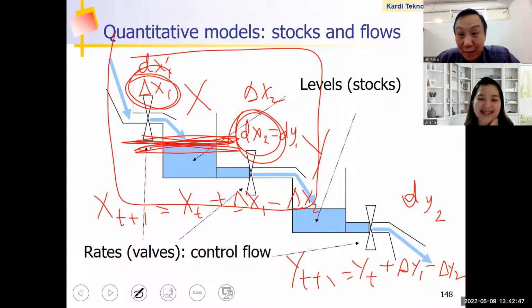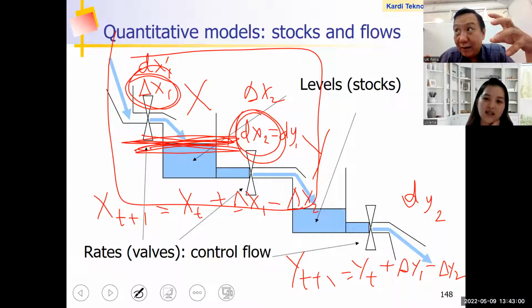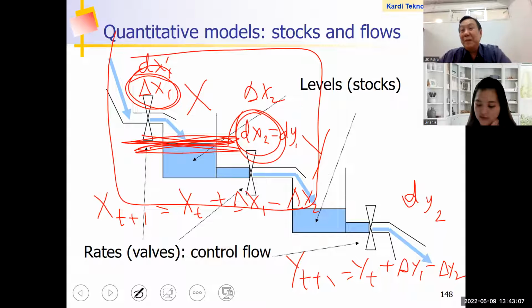You can model hope. Wow, you can model anything. Imagine, this is not necessarily a number, not necessarily metrics. Can be utility. Can be random also, not necessarily deterministic.